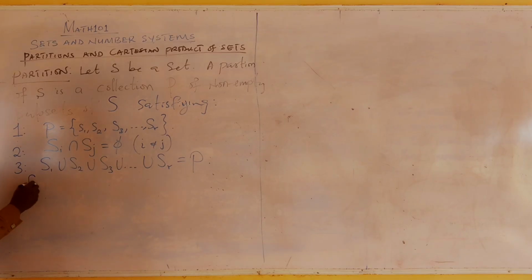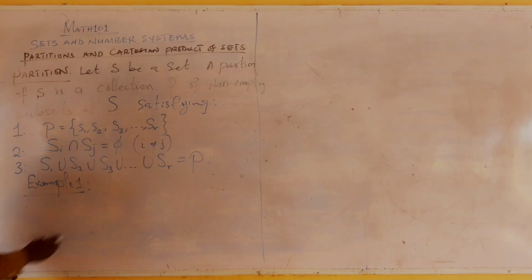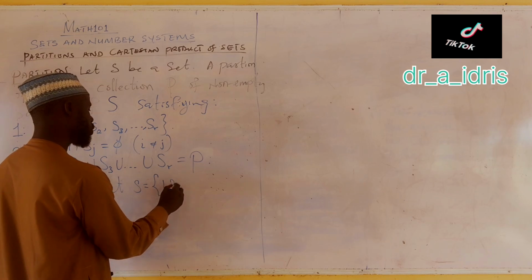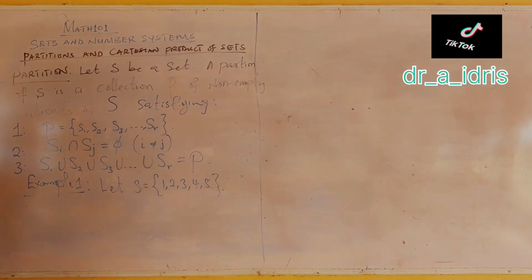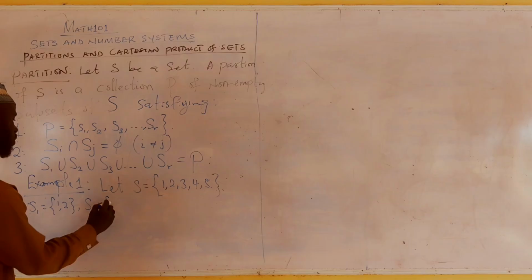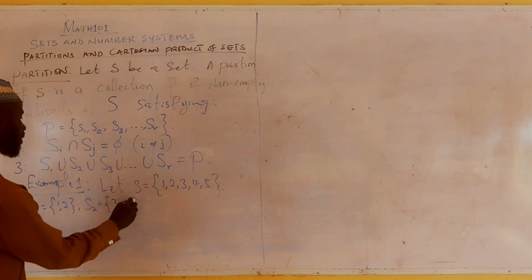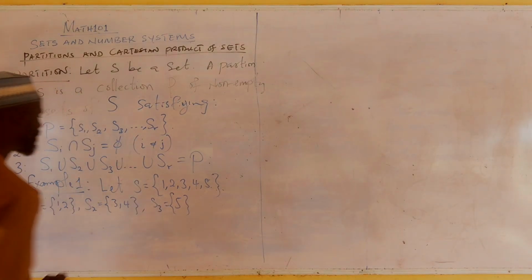Take for example 1 in this lecture. Let S be equal to 1, 2, 3, 4, and 5. Consider these subsets: S1 is equal to 1, 2, S2 is equal to 3, 4, and then S3 is equal to 5, just a singleton.